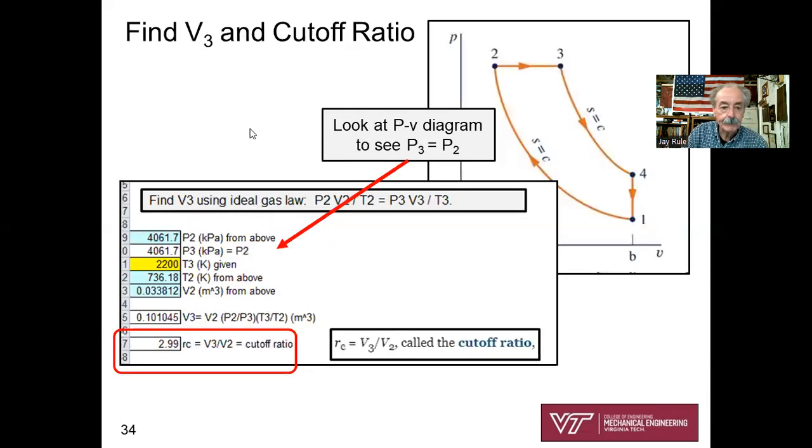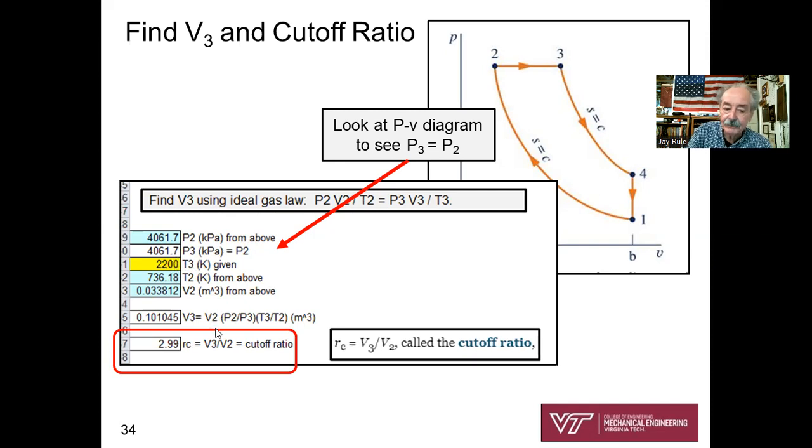Move ahead. Find V3. We'll use the ideal gas law. Where was I? We finished process 1 to 2. I got lost a little bit. How do we find V3? We know that P3 equals P2, and we're given T3.